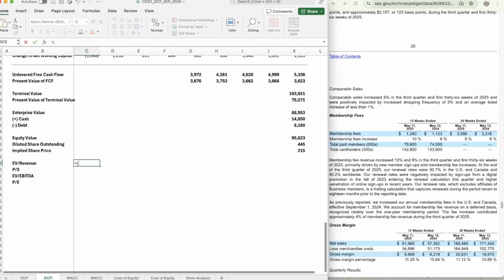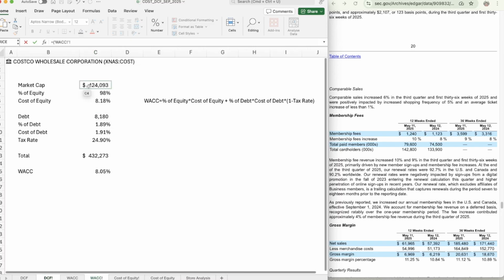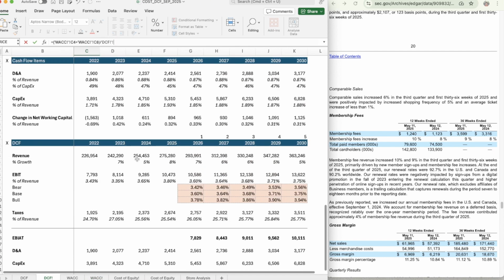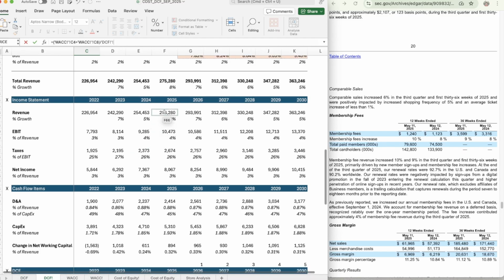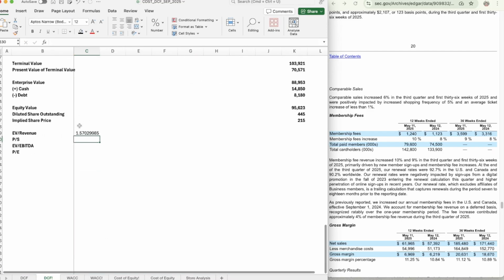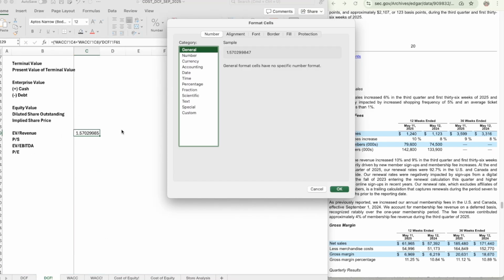We go onto the WACC, and we take the market cap plus the debt, and we divide it by this year's revenue. So trading about 1.57 times EV to revenue.